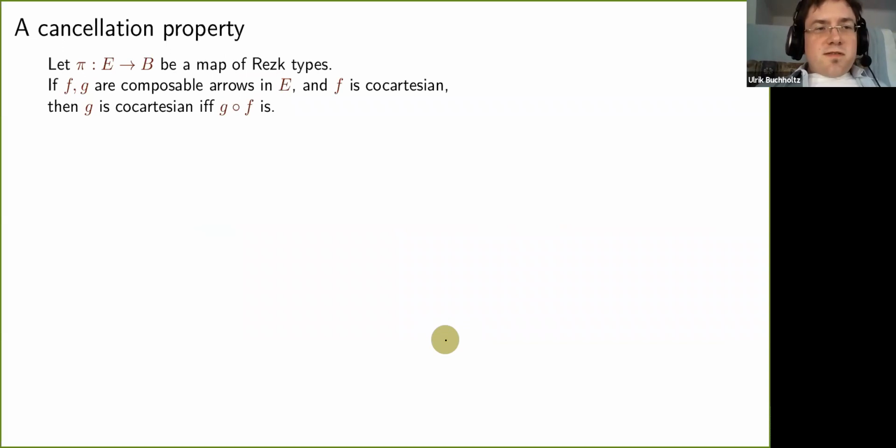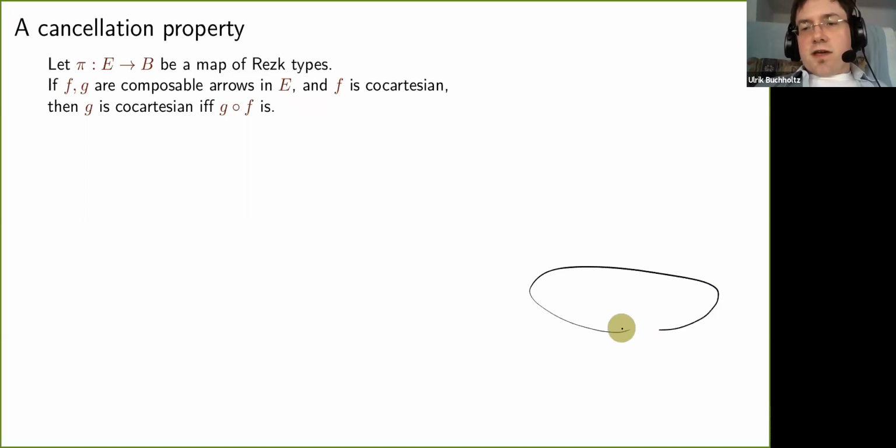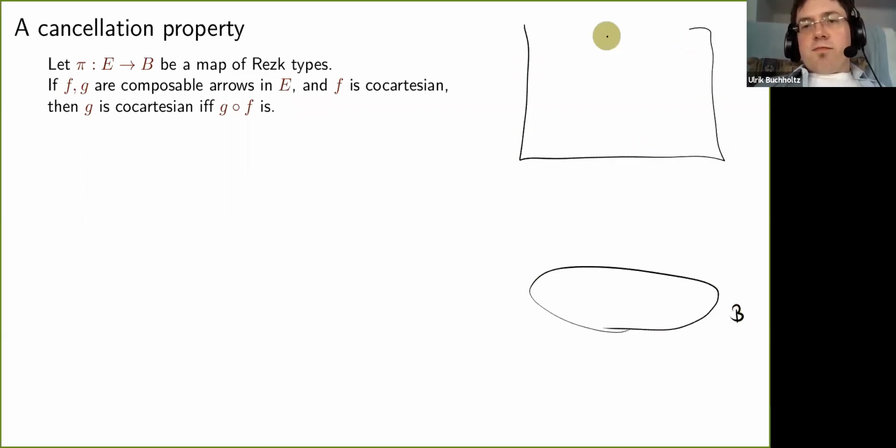What I will spend a little time on is the following cancellation property. So here we have a map of RESC types, and again, I'm going to sketch it a little bit. We have B. I'm moving rather freely between the maps of types and families of types, going between the map and its fibers and the fibers in the total space. I hope that doesn't bother anyone.